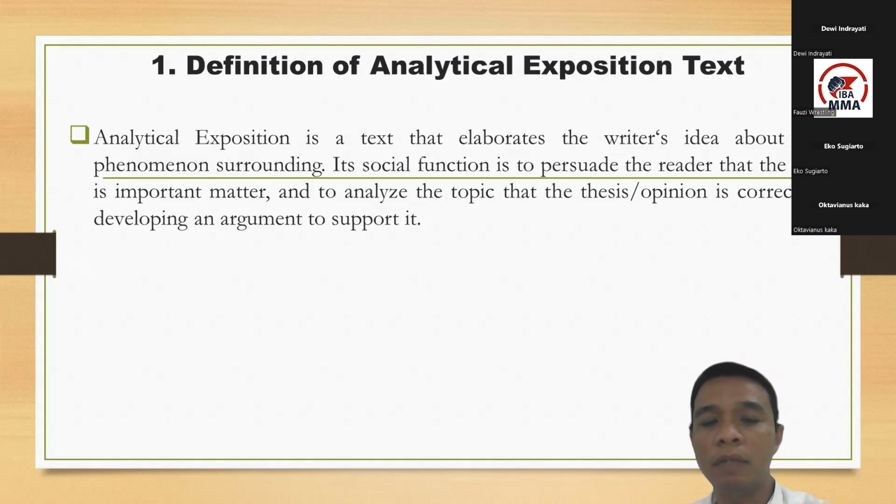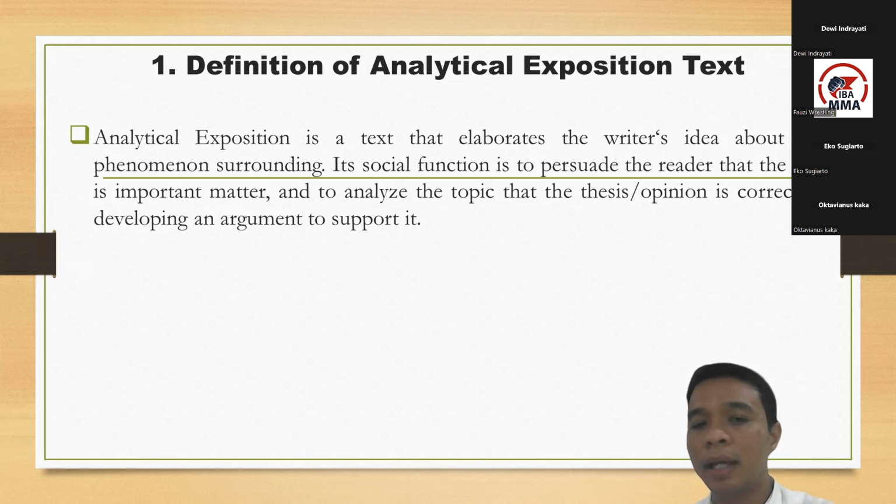So what is the difference between analytical exposition text and the other kinds of text? In analytical exposition, a text must be elaborated by the writer in terms of the writer's idea about the phenomenon surrounding.